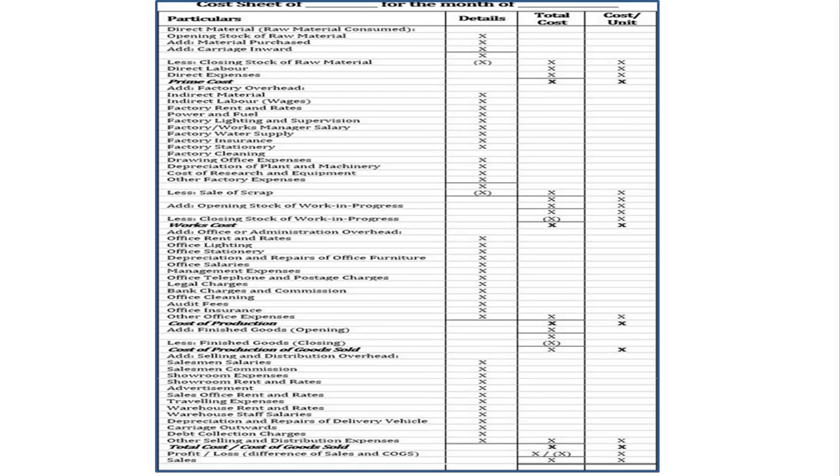After we prepare the cost sheet, let us move towards the material issue methods, which come under the same unit. The first and most commonly seen material issue or pricing method is the FIFO method. FIFO means first in, first out.